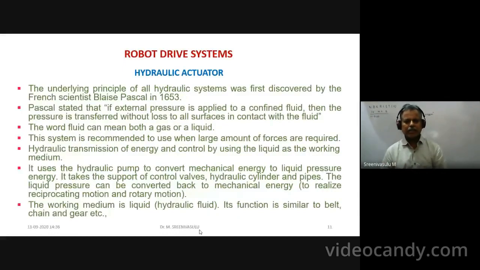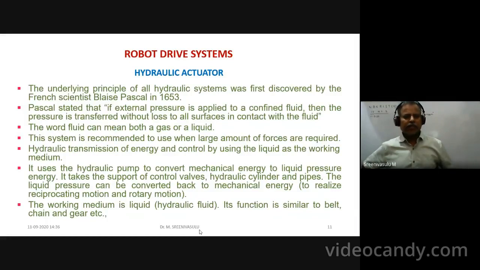It takes the support of control valves, hydraulic cylinder and pipes. So in this particular statement itself, a hint is given that this hydraulic actuator makes use of a hydraulic pump, control valves, hydraulic cylinder and interconnecting pipes. The liquid pressure raised with the support of the hydraulic pump can be converted back to mechanical energy.